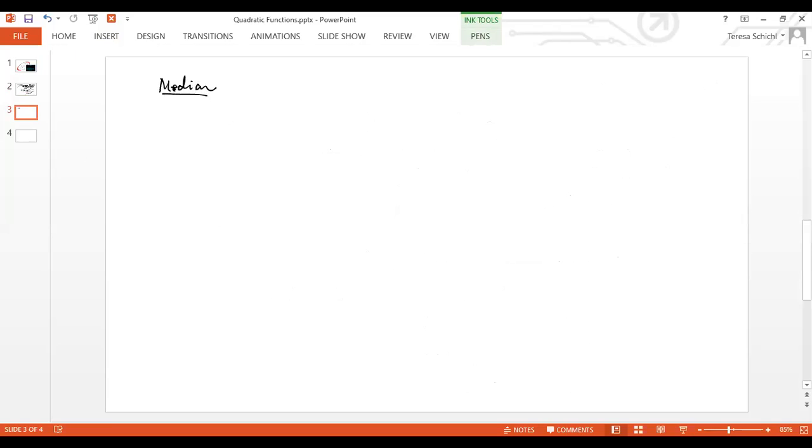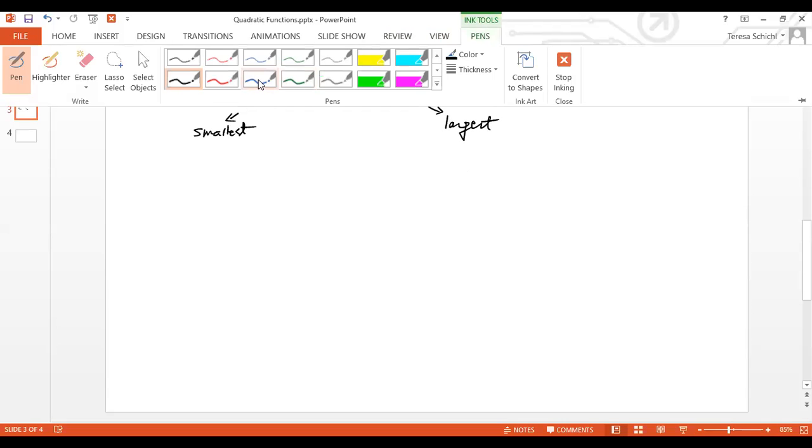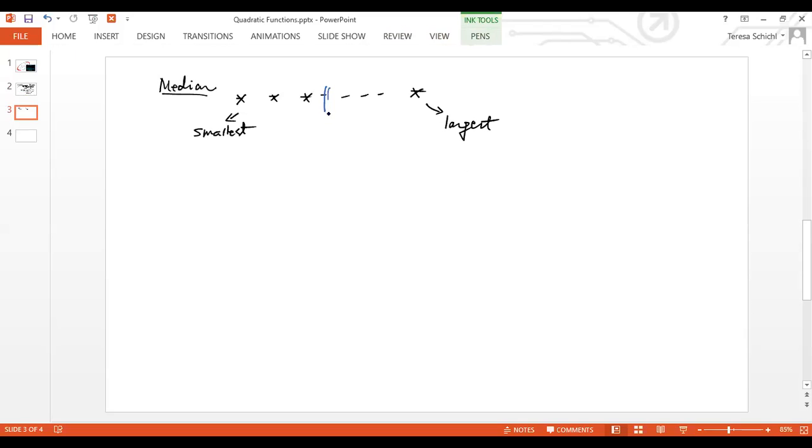Based on the definition, you just rank the numbers from the smallest one to the largest one, right? So I ranked it from the smallest to the largest, and then for the median I'm finding the middle one here. So this is the middle one. This is the median.